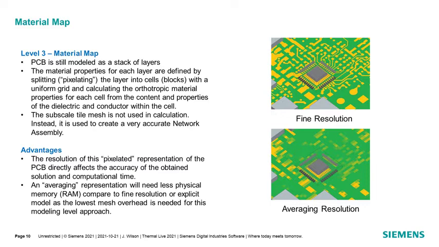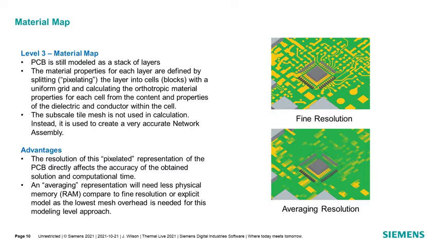If you use the averaging approach rather than fine, then you do start to see that pixelating approach, where it looks at the materials present in that patch and calculates an effective conductivity. But again, rather than modeling the physical geometry, it's a network assembly, which means you benefit from not having to mesh that, so it lowers the overall CFD mesh count and any complications in resolving that geometry explicitly.